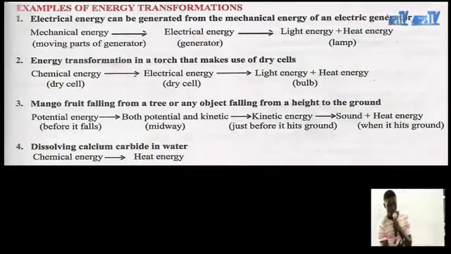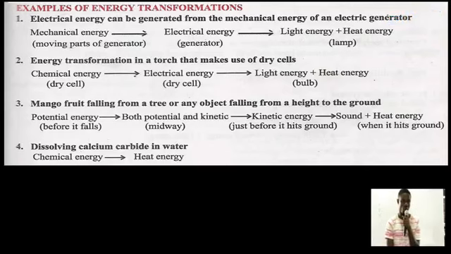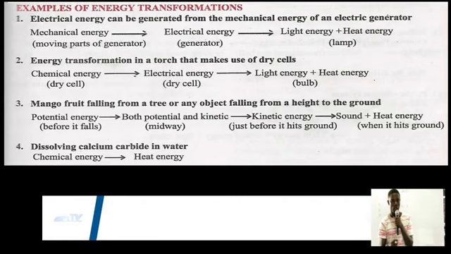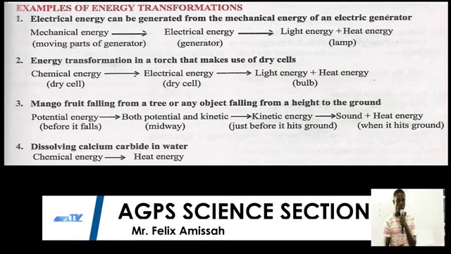Now, some examples of energy transformation are on your screen. Electrical energy can be generated from the mechanical energy of an electric generator. Now, how can this happen? We have the mechanical energy. The moving part of the generator provides the mechanical energy. But I want you to take note of something here.